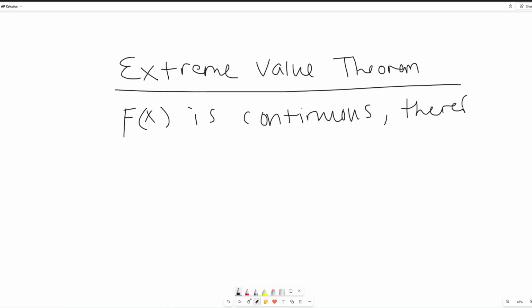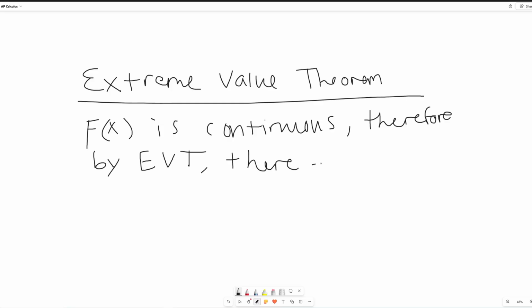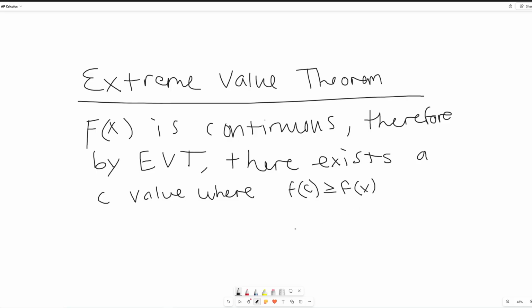Therefore, by EVT, there exists a c value where, and now here, if it is an absolute maximum, you say where f of c is greater than or equal to f of x, a is less than c, less than b.